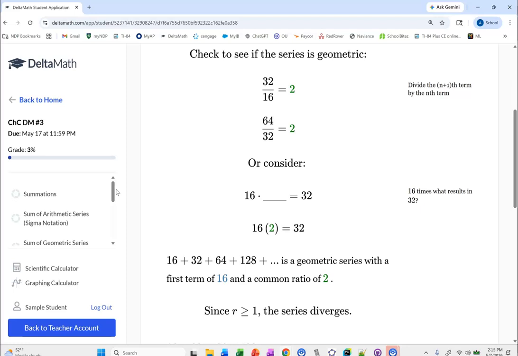For next week, we'll have 1 more Delta Math and 1 more set of worksheets, and that's it for assignments. And you have 1 more test, and we're in and we're out, and it's good to go. How do you guys feel? Good. How's this chapter treating you? This shouldn't be so bad, right? It's mostly just, do I understand the formulas and how to use them?